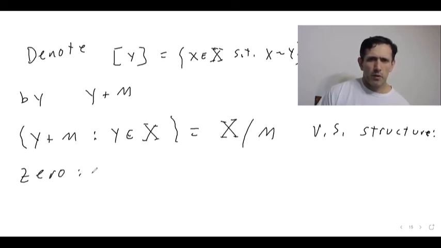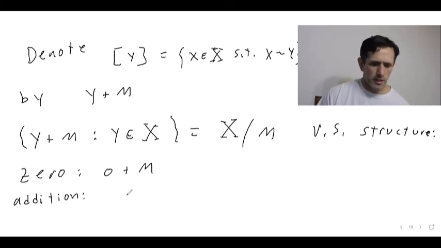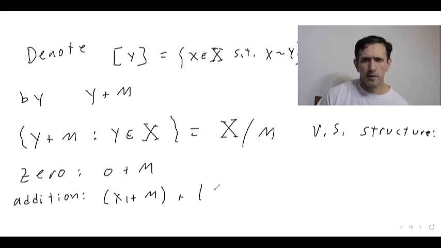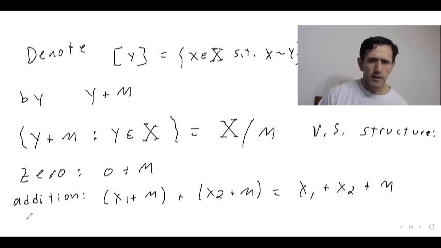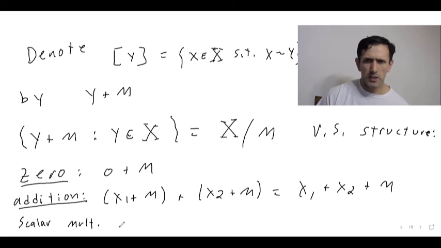Well, 0 is just 0 plus M. Addition is kind of the obvious: x1 plus M plus x2 plus M is x1 plus x2 plus M. Scalar multiplication is just what you would expect.